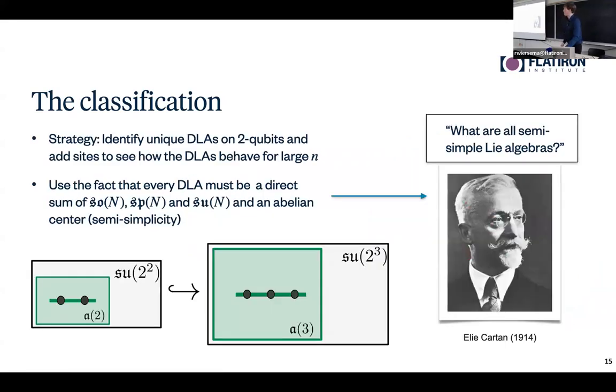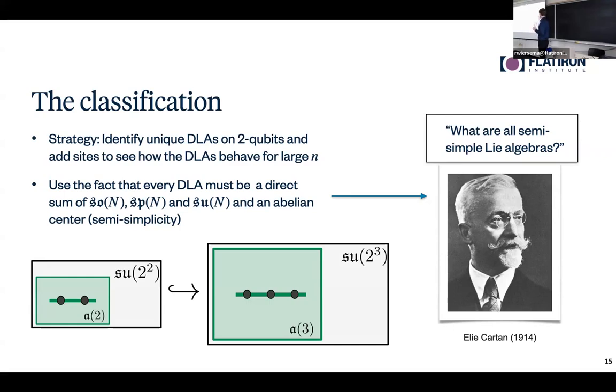Okay, so what is the strategy for this? It's actually somewhat straightforward, at least in the beginning. We start by looking at just 2 qubits, because we only have these 2-local interactions. We identify all the unique dynamical Lie algebras on 2 qubits by brute force enumeration. Then we add sites slowly, and see how these algebras change, which ones become equal to each other and which ones stay unique.